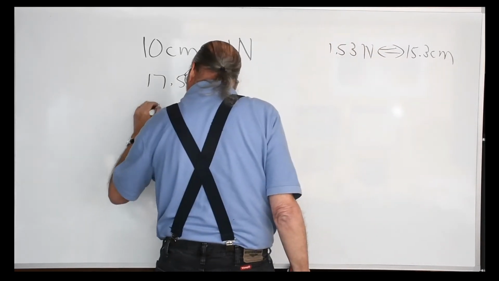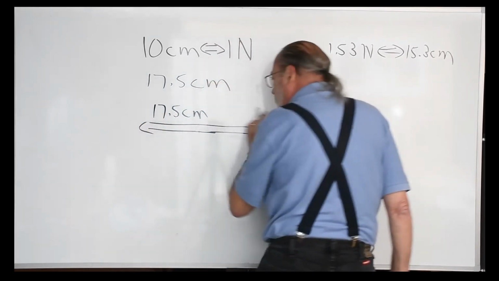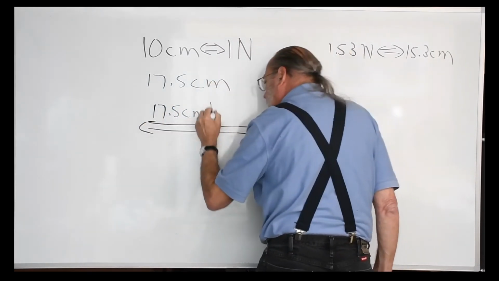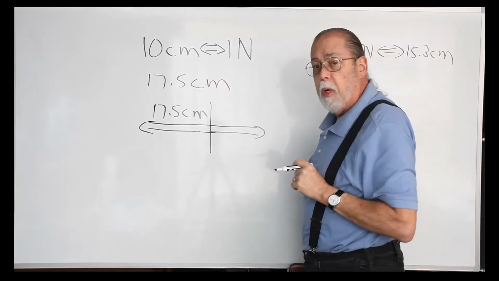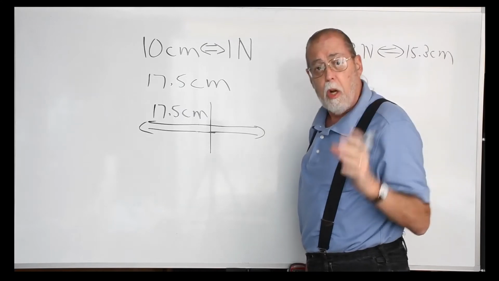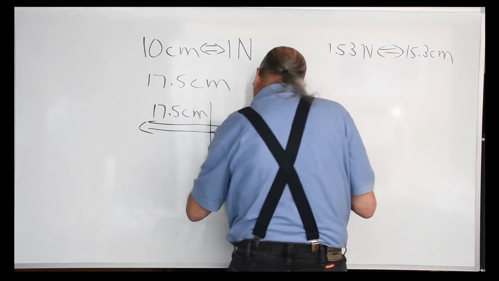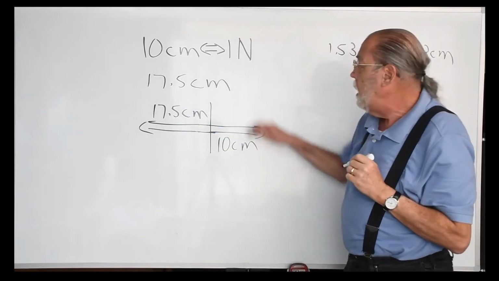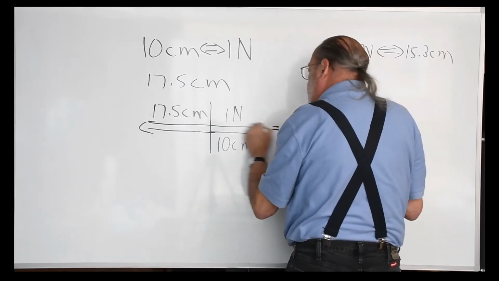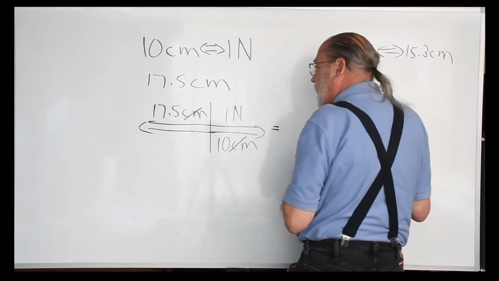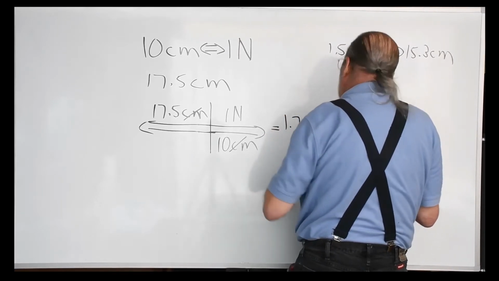We write our distance, we write our long double-headed arrow, and then we use our conversion, putting the unit we wish to get rid of in the bottom. In this case, the centimeters goes in the bottom, the 1 Newton goes in the top, and the centimeters cancel, and we get 1.75 newtons.